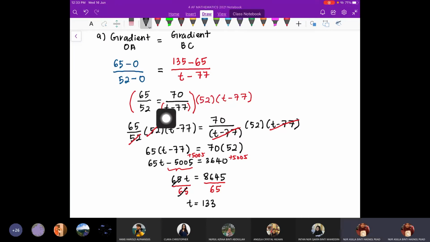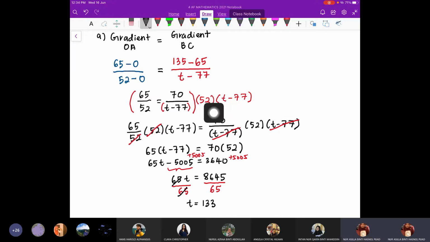Saya nak eliminate denominator. Saya tak nak ni 52 dengan t minus 77. So bila you nak remove denominator, make sure kamu darabkan the whole thing dengan denominator tersebut. So sekarang saya ada dua denominator yang berbeza, so saya darablah dua-dua denominator yang berbeza ni.